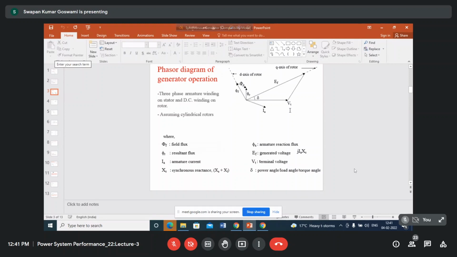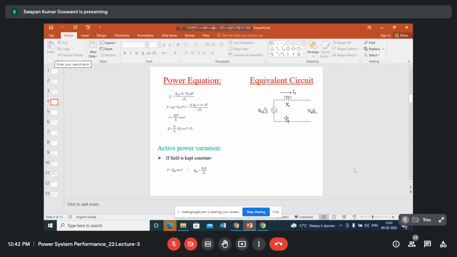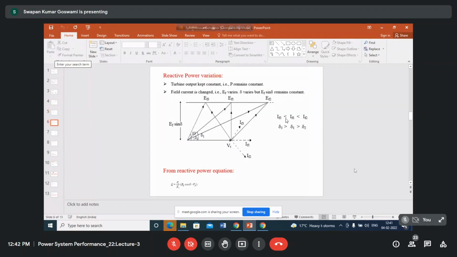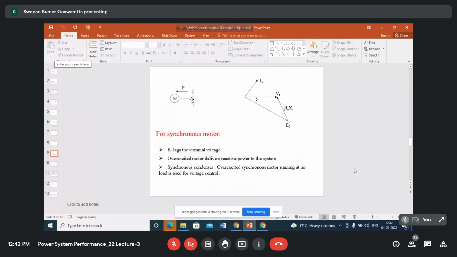In case of motor, what happens? Especially in case of motor, there also will be an induced EMF. There also will be power flow, but power will flow from our system to the motor. Okay, power system to the motor means this is the system voltage, this is the motor generated voltage, and since direction of power flow is from bus bar to machine, this VT will lead EF.